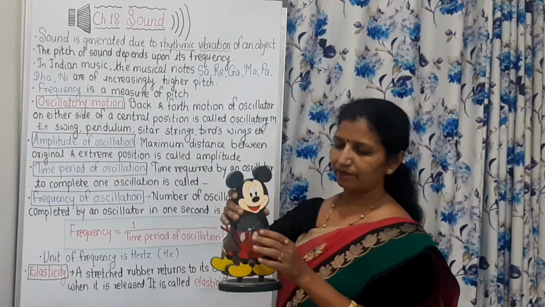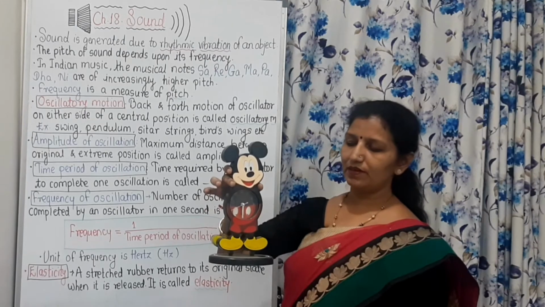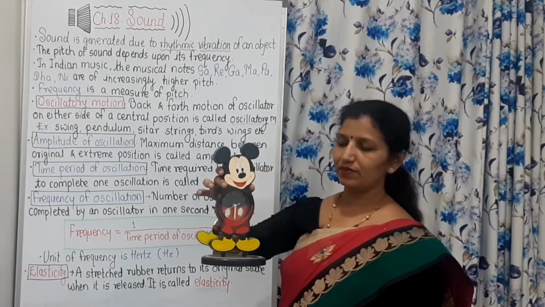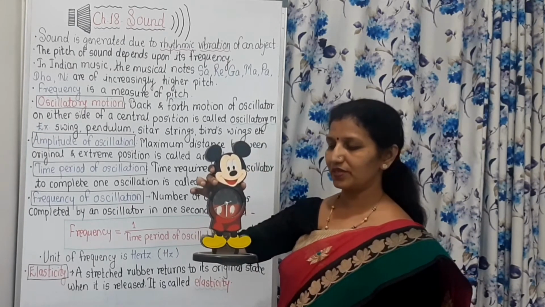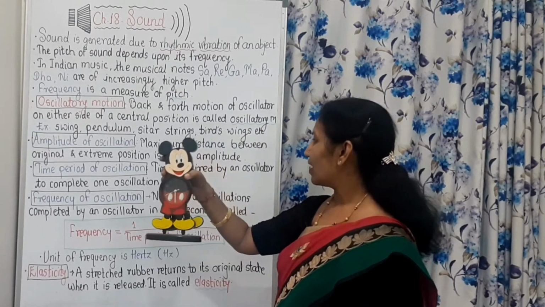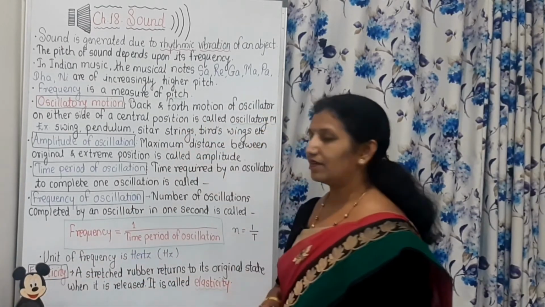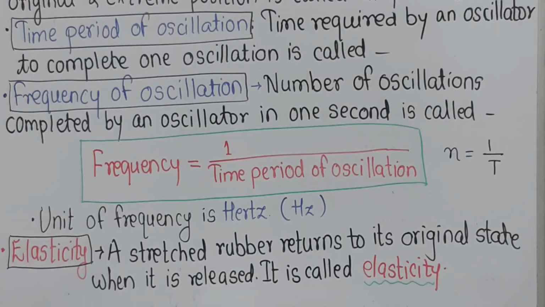See, here is also a pendulum, and this pendulum is moving back and forth, having oscillatory motion, and in this also we can describe the amplitude, then the time period and frequency. Number of oscillations completed by an oscillator in 1 second is called the frequency of oscillation.